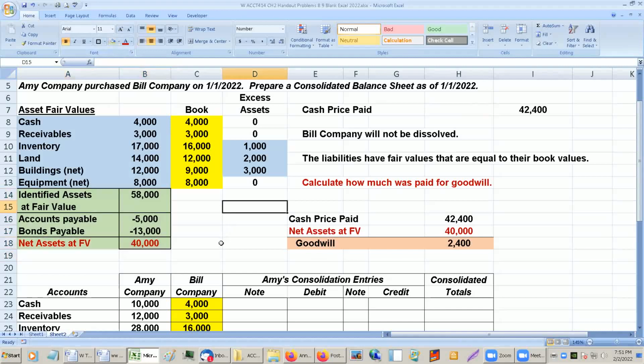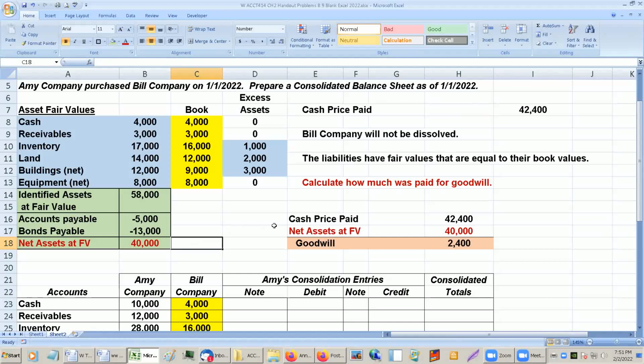When I did it, I was getting 22,000. Is it that you added everything? Oh, wait. I think we have subtracted it twice. The 58 minus, I think it's 18,000. So 58,000 minus 5,000 minus 13,000. And so if we were just buying the fair value of the assets, that's what we'd be paying for it. 40,000.